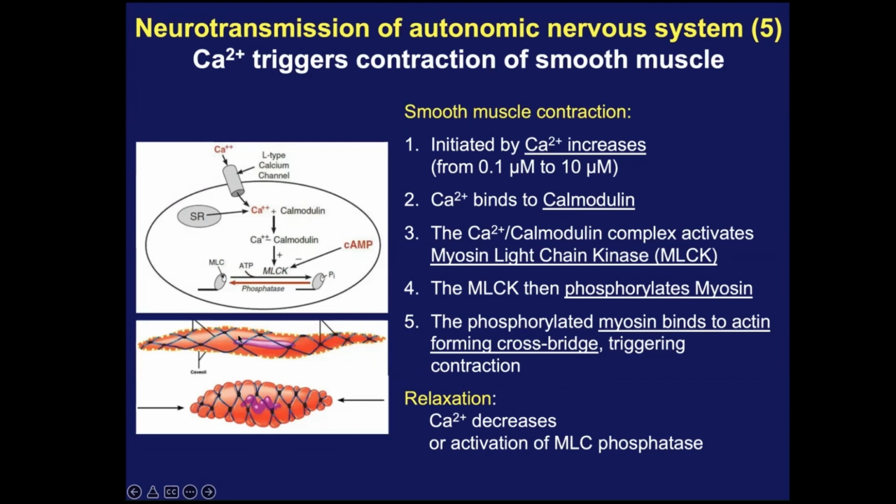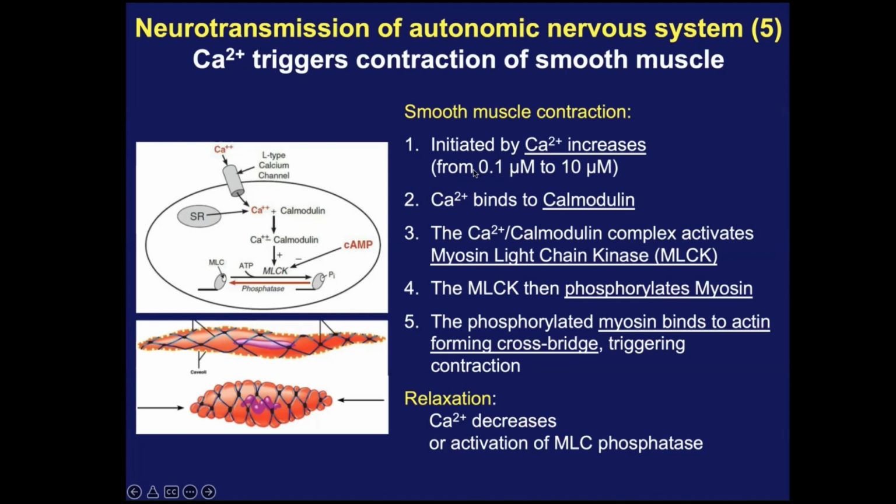Here shows a relaxed single smooth muscle cell, as shown here. And here shows a contracted smooth muscle cell. And here is the diagram of the smooth muscle. The contraction of the cell is initiated by the calcium increase, which means the free calcium in the cytosol of the cell.